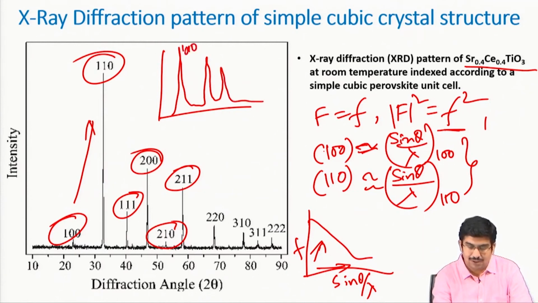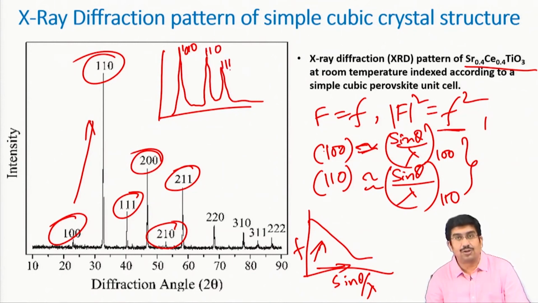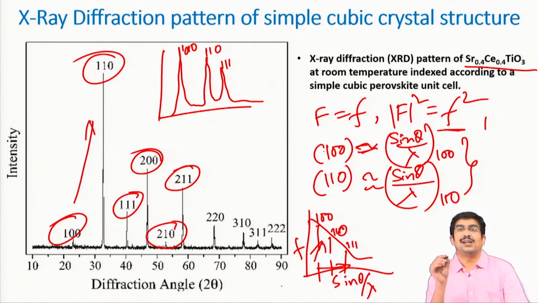So, this is 100, this is 110, this is 111. The intensity should vary as per the atomic scattering factor against sin theta by lambda, but it is not happening even for a simple cubic, simply because the diffracted beam intensity depends on many other factors, some of which we will be discussing in the next few classes.